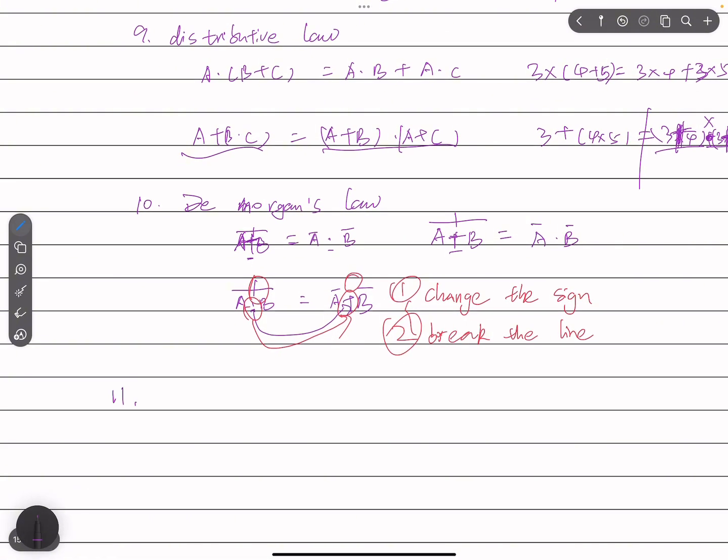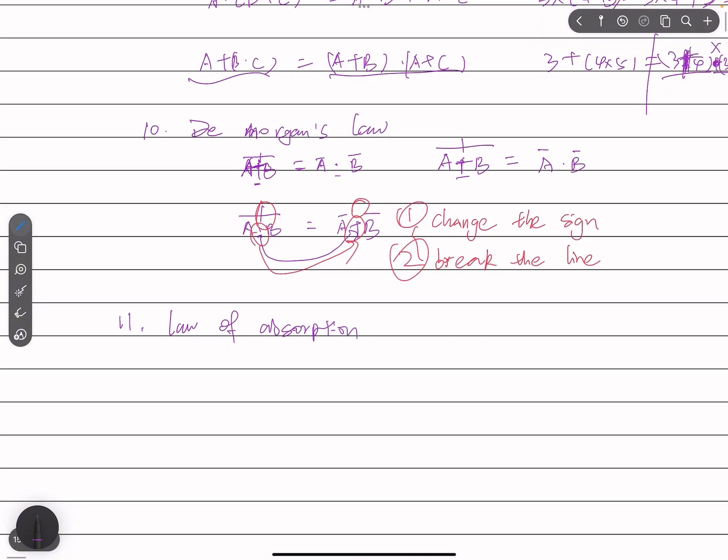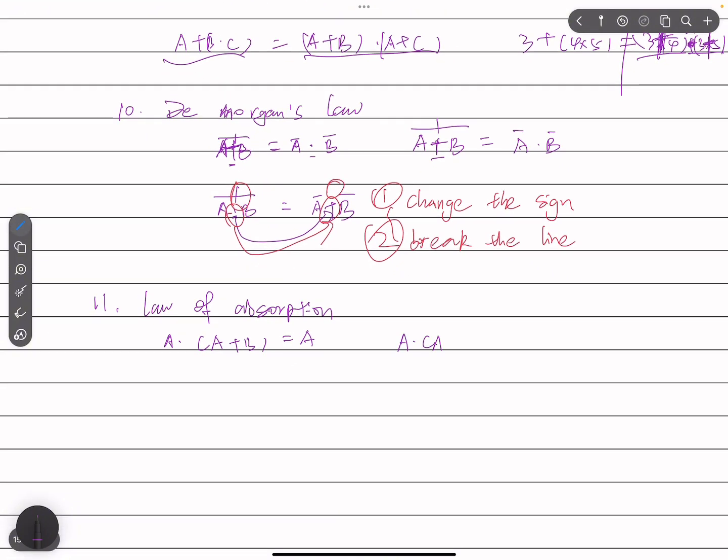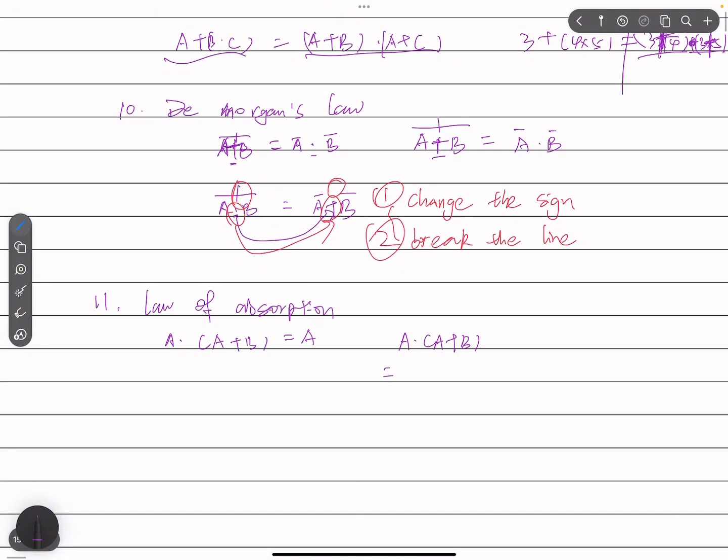So we also have the law of absorption, which is A times (A plus B) equals A. From here, if we have A times (A plus B), it will be A times A plus A times B. A times A basically is itself.